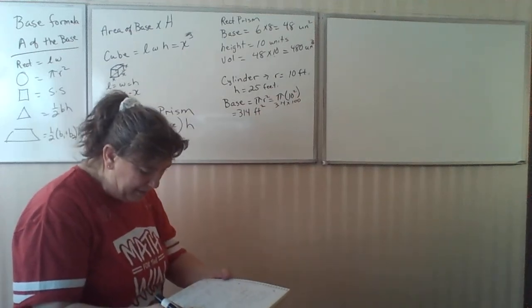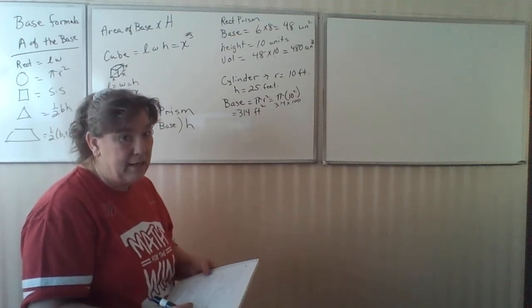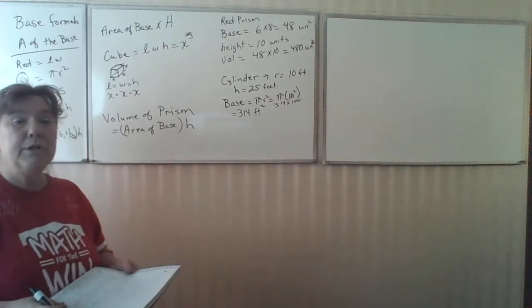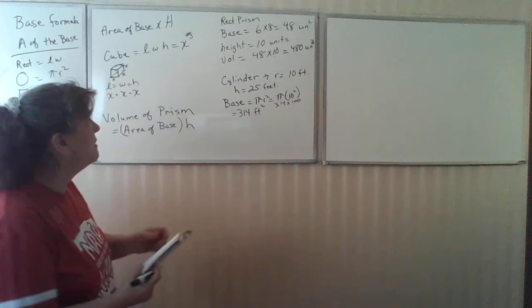But what's going to happen here? I now have to have 2 times that. No, we're not doing surface area. So now I'm going to look at the area of my base times the height of my cylinder.